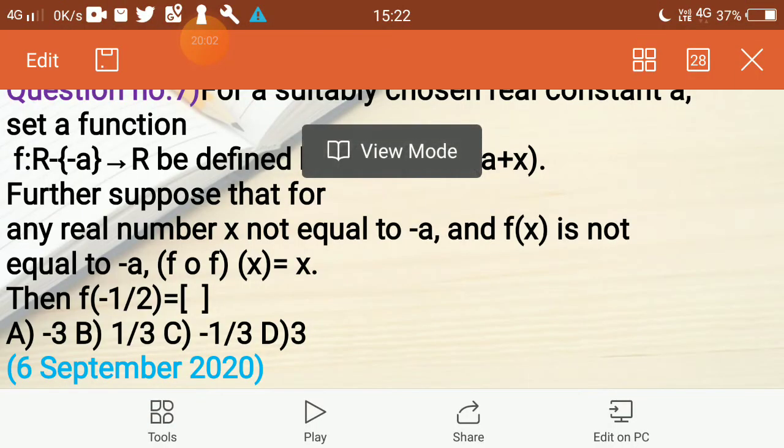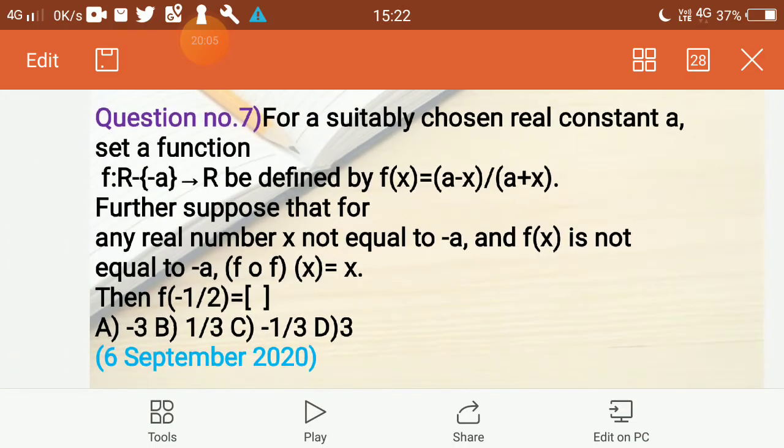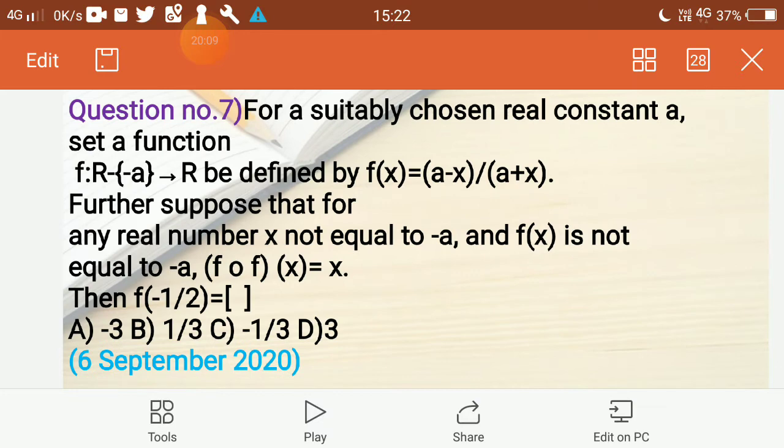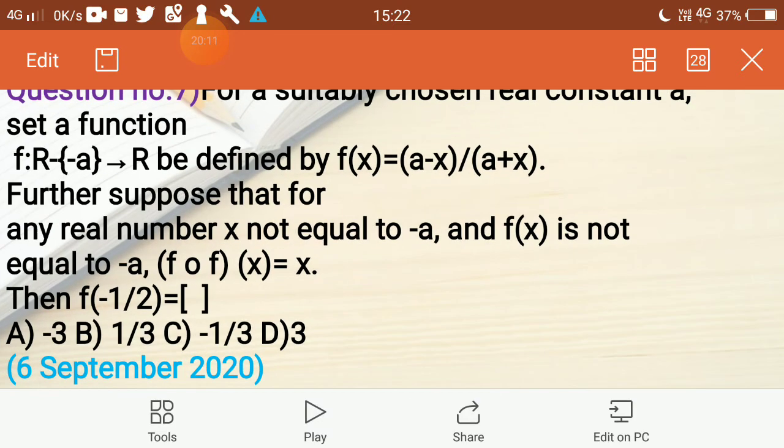For a suitably chosen real constant a, a function f from R minus {a} to R, if you observe the domain of f, minus a is eliminated, is defined as f(x) equal to (a − x) by (a + x). Further, suppose that for any real number x not equal to minus a, f(x) is also not equal to minus a, some condition.